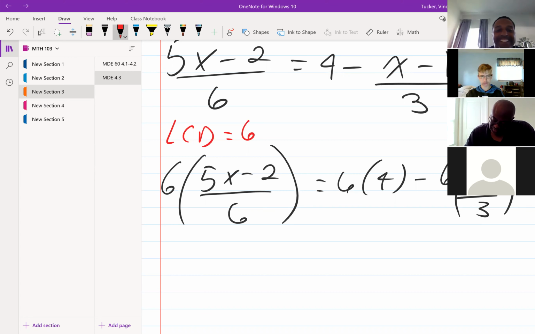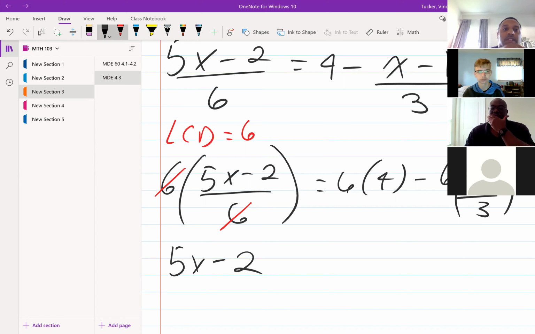All right. So the 6's will cancel, leaving me with 5x minus 2. Nothing cancels with that 6 times 4, so that'll just be 24. And then here, I have to be careful. The 3 cancels into the 6, but that leaves us with 2, since 6 divided by 3 is 2.